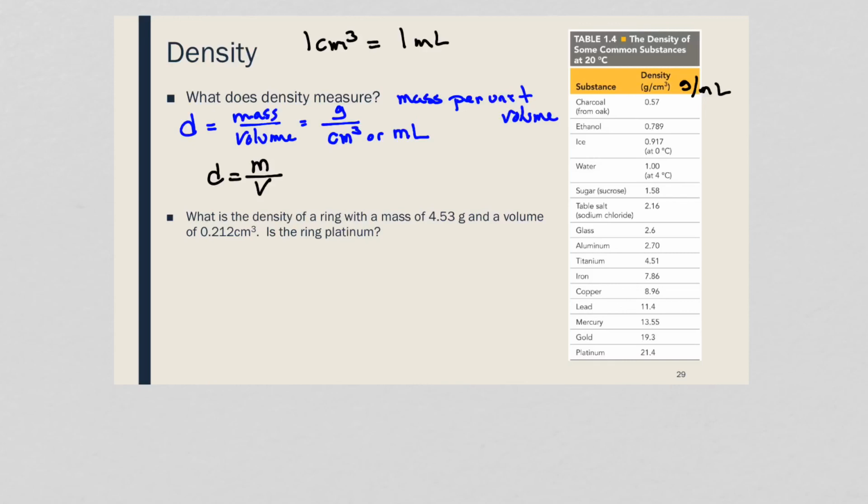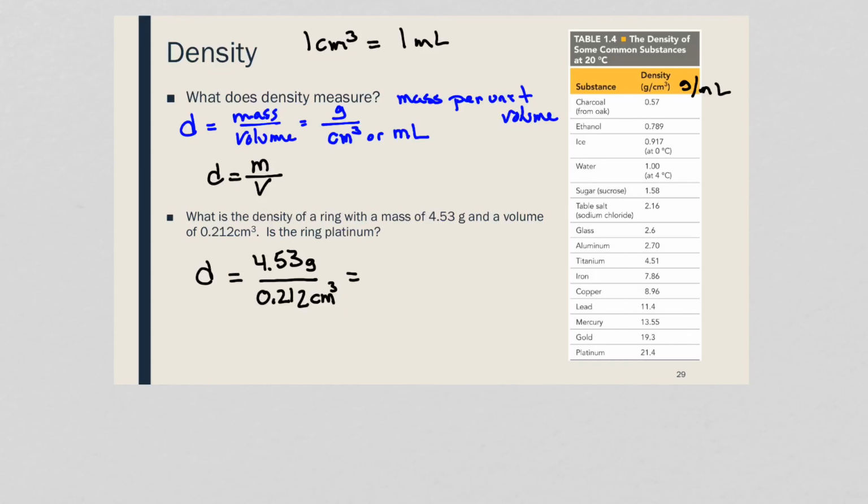So if I look at my equation and I want to calculate the density, I'm going to put my mass, 4.53 grams, divided by 0.212 cubic centimeters. So we got mass divided by volume.